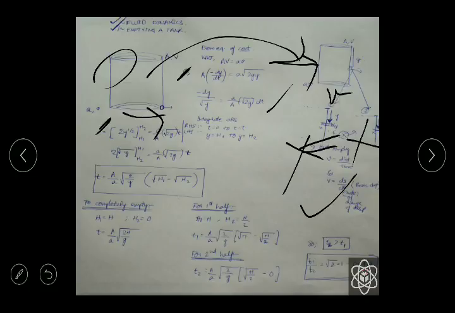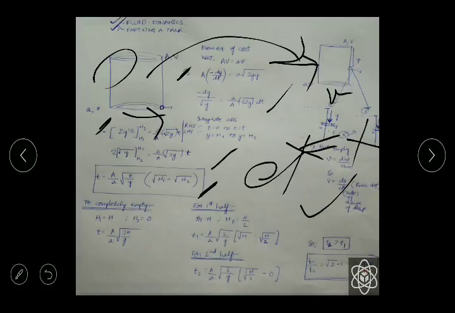The minus gets nullified because we are changing the limits, h1 going up and h2 coming down, and we get finally t is equal to this expression. You can read it yourself.